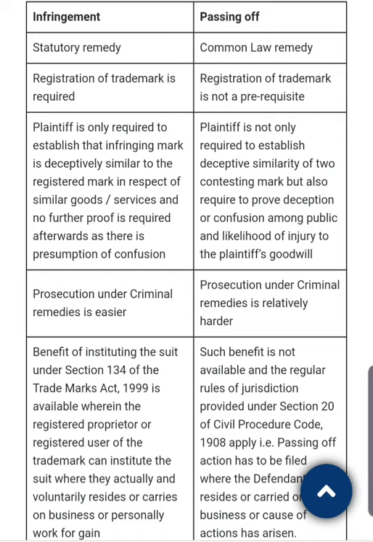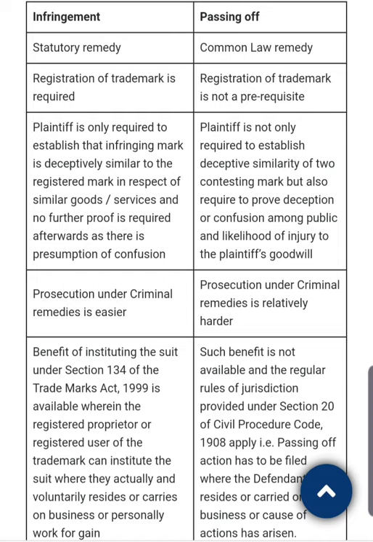You have to prove further that the use of my business name, my goodwill, my brand name has led to some kind of pecuniary injury to me. It has led to damage to my reputation. So in any way you have to show that injury has been caused to me. This is not necessary to show in case of infringement.